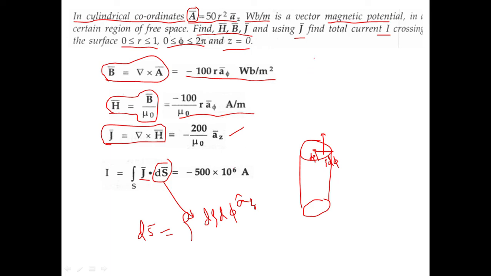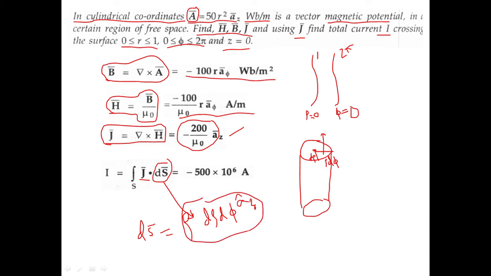Whatever answer you get for J, you have to integrate over two integrations, that is rho changes from 0 to 1 and phi changes from 0 to 2 pi. Now you will find J vector dot ds vector here. J vector is here, ds vector is here. So solve that integration. You will get the answer to be minus 500 into 10 to the power 6 amperes.